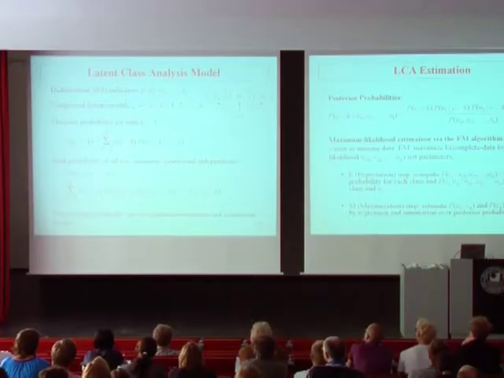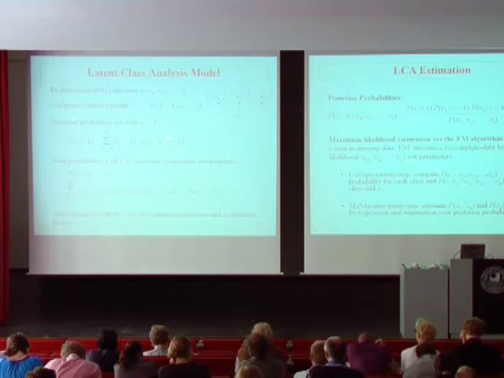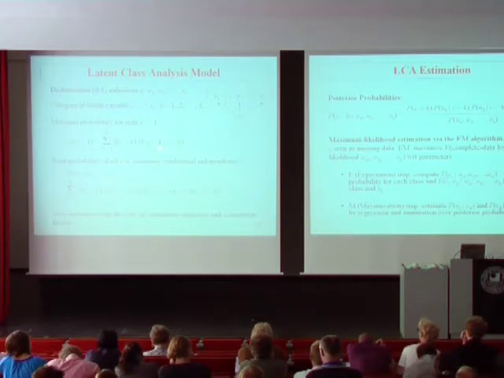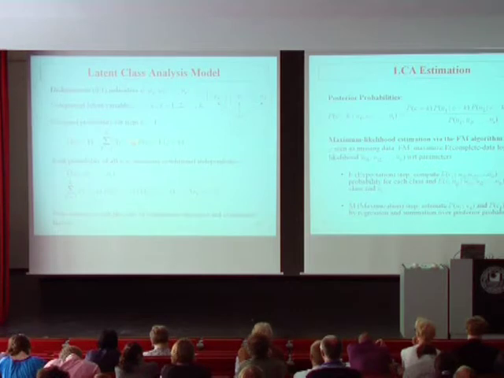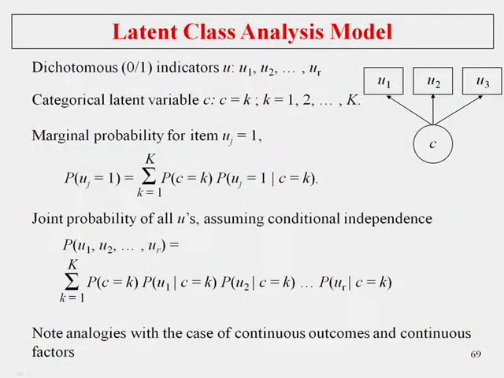Probability of the class membership, the structural parameter, describing the people distribution. And then this part that I'm circling now, the conditional item probabilities, probability of endorsing the item, conditional on the class. So the measurement parameters appear here, and the structural parameter there. And then you sum over the classes to get the marginal probability here.